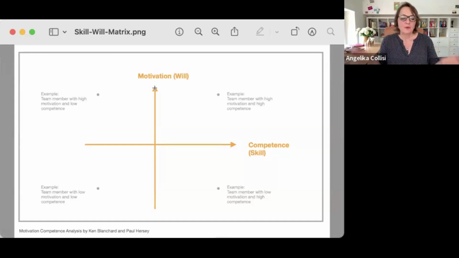And with the backdrop of seeing that as a situational thing, the same person can be highly motivated and highly skilled in one moment, and with a totally different task 5 minutes later, you will have to sit down and take them by the hand, teach them step by step, and be much more close to them in your leadership.